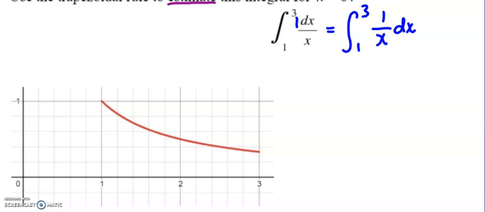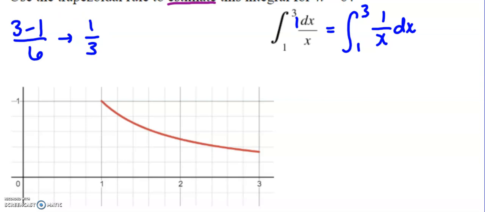And I'm supposed to use 6 trapezoids. Well, the way we find the width of each trapezoid, remember we do b minus a over n, which for us is 6. So we end up with a width of 1/3. All right, well, I need to partition off my x-axis.